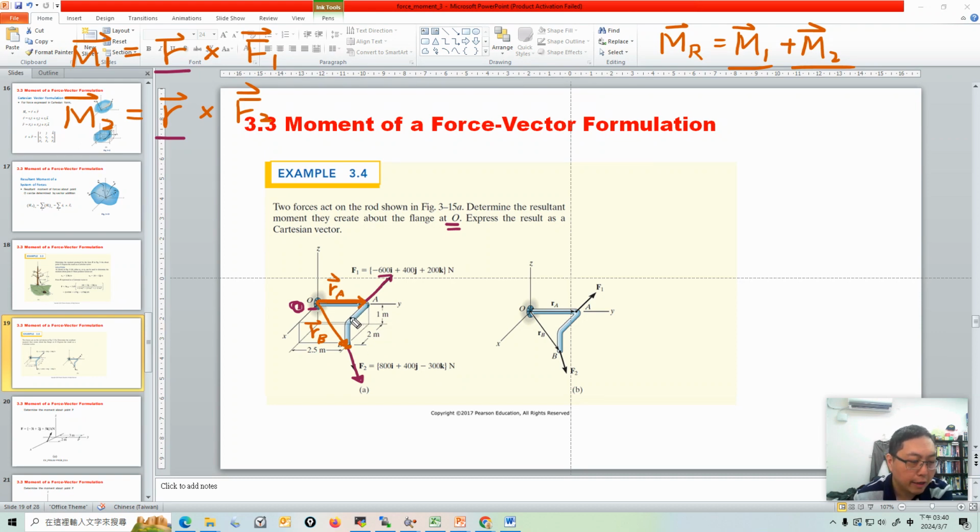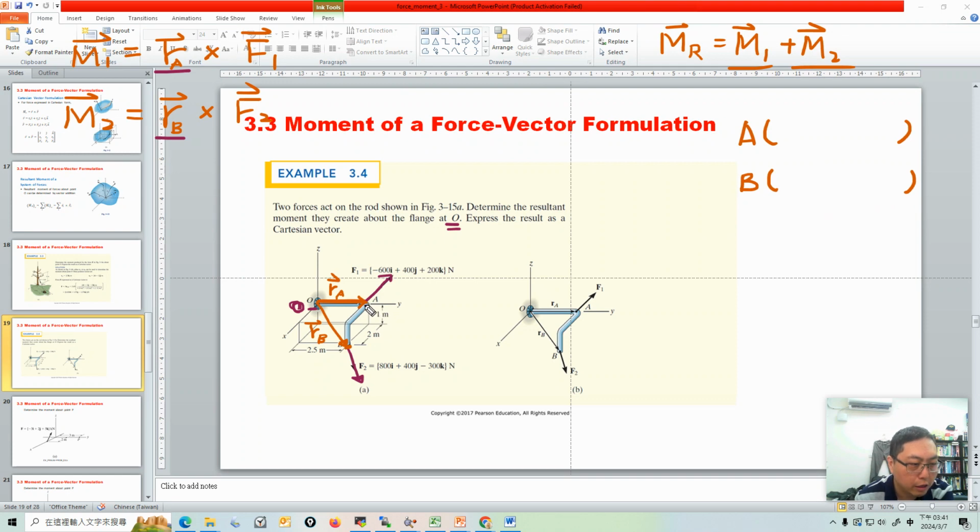So the next question is what are RA and RB? This problem already gives you a coordinate system. The origin is here, and these two position vectors are based on this origin. If we want to calculate the position vector RA, we just need to know the coordinates of A. So what is the coordinate of A, and similarly, the coordinate of B?